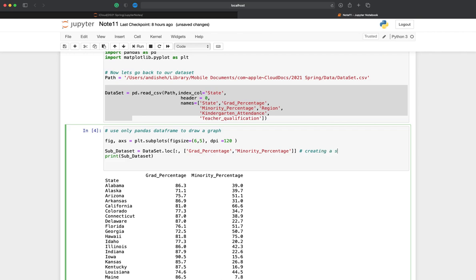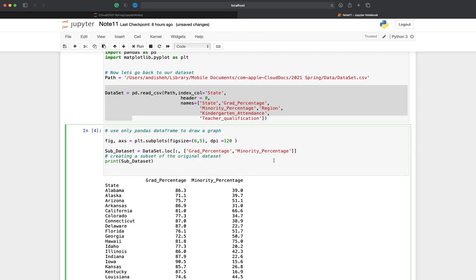Creating a subset of the original data set with only numerical variables. Okay, so I don't want to print it anymore. It was just for your understanding.